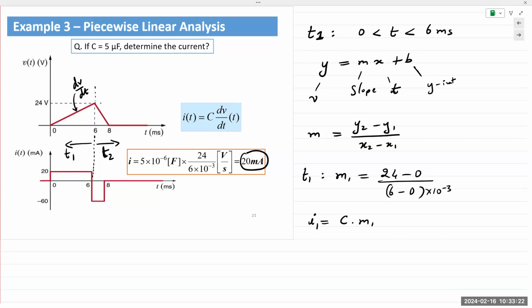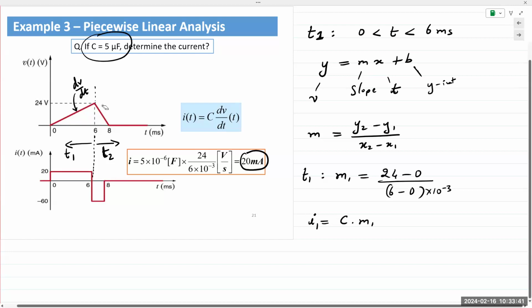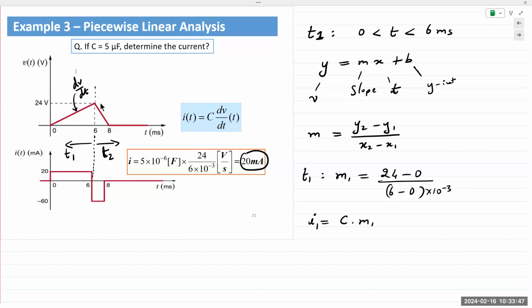The point I'm trying to make is when you look at a problem statement, you extract as much information as you can from that problem, whether it's from words or from an illustration as shown in this figure. In this case, it doesn't tell you anything except the capacitor value is 5 microfarads, determine the current. It doesn't say determine the current for the first, second, or third time period. It just says find the current.